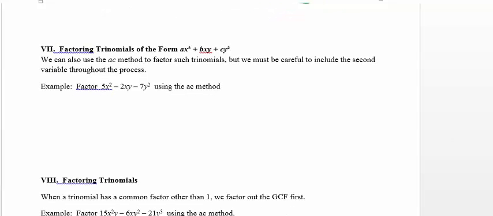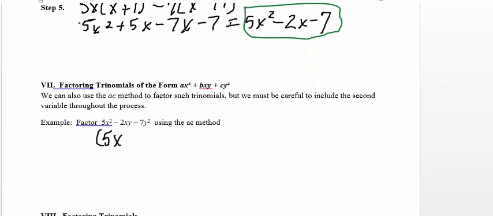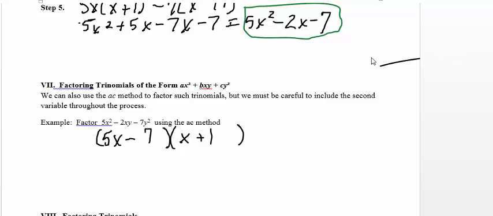Alright, so we could factor 5x squared minus 2xy minus 7y squared using the AC method. But because these coefficients are the same as the coefficients of the previous problem, we know we can use our previous result. So this factors into, the previous factors were 5x minus 7 times x plus 1.